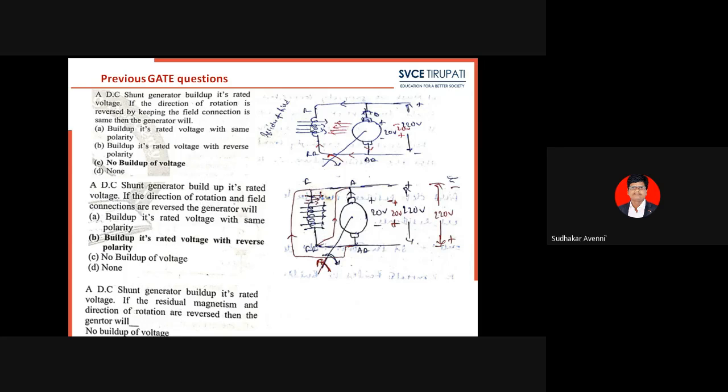Whatever flux is produced by the shunt field winding is then opposite to the residual flux. The net flux developed in the armature winding is zero, so there is no buildup of voltage. These are the previous GATE questions asked from this topic.